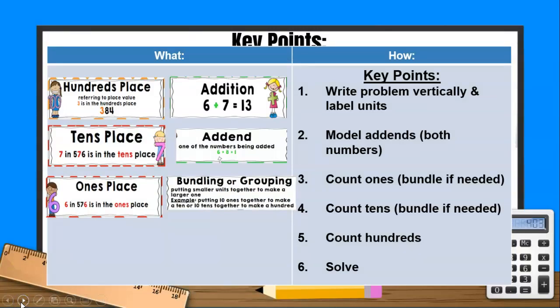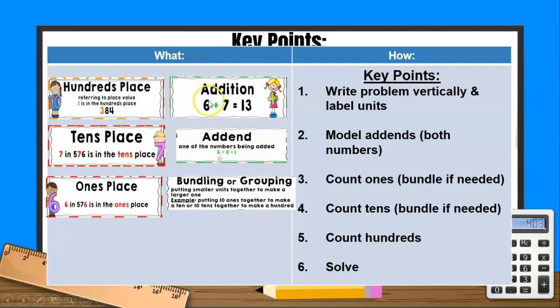Boys and girls, one important concept is the hundreds, tens, and ones. We already know all those are values, and we've been focusing on addition. And addition is a part plus a part equals a whole.